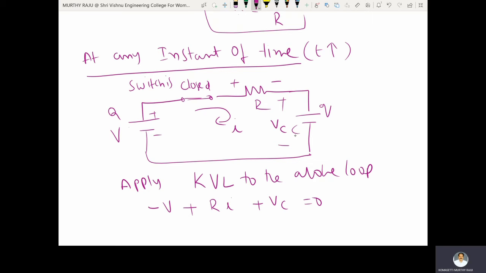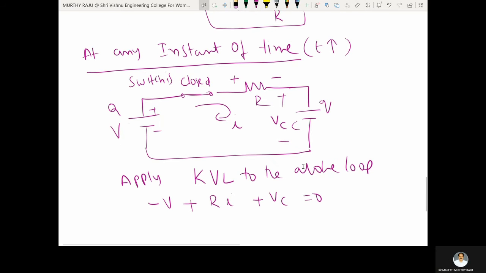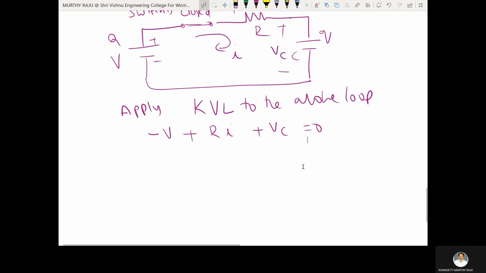VC means the voltage across the capacitor, and C is the capacitance of the capacitor. Here V is equal to Ri plus VC.